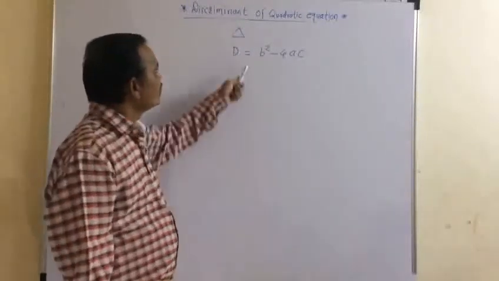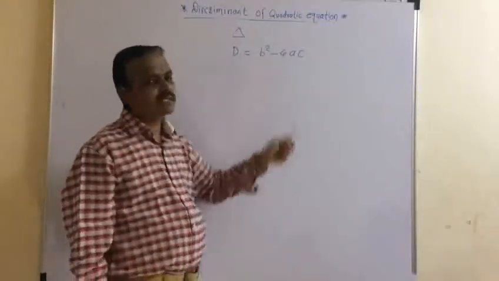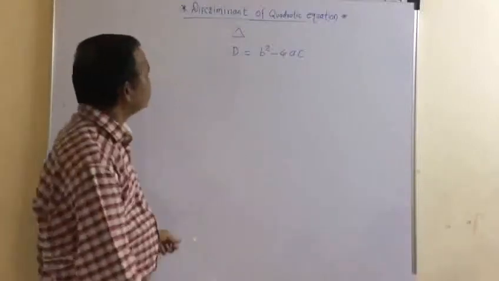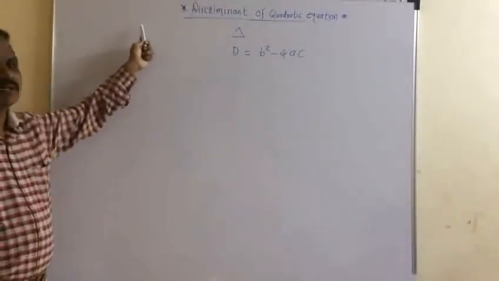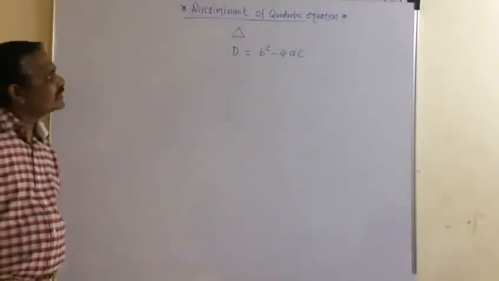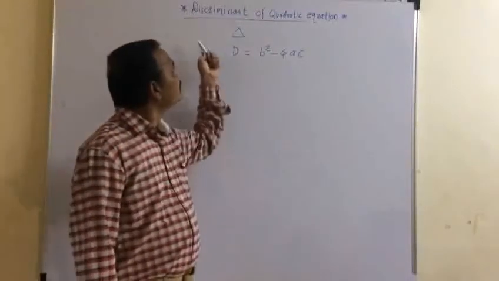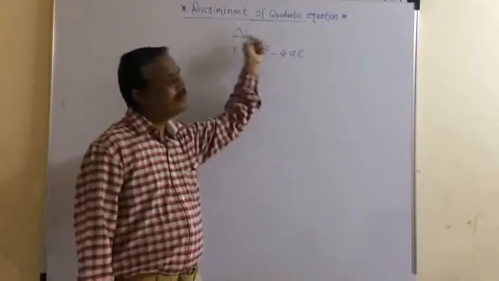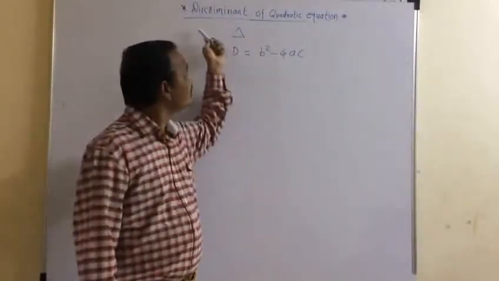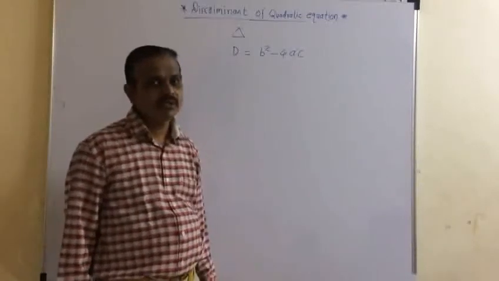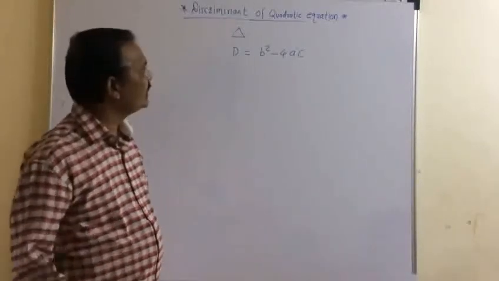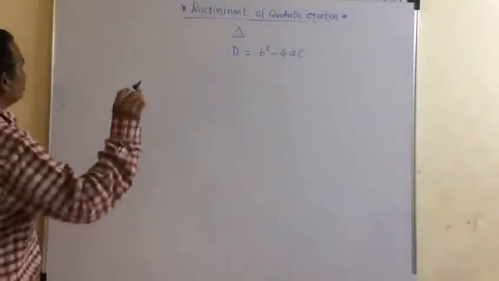Now, to find the value of the discriminant, I give some important steps, and by using these steps one can easily find the value of the discriminant, and this discriminant decides the nature of the roots of a quadratic equation. Now, simple steps.